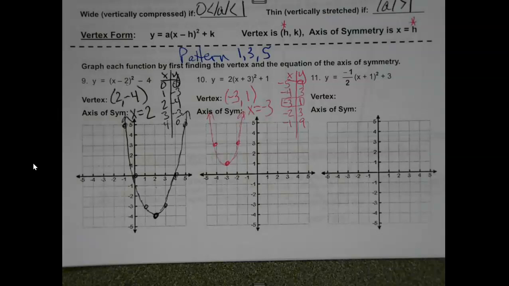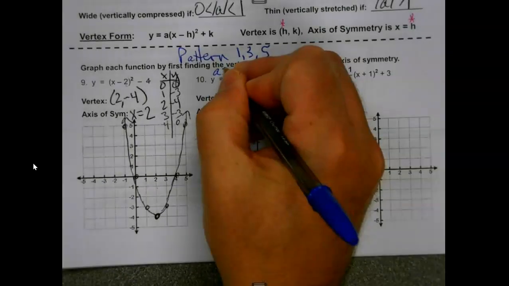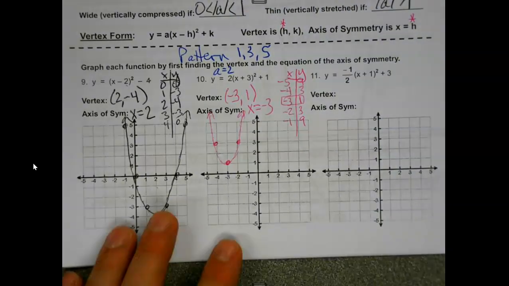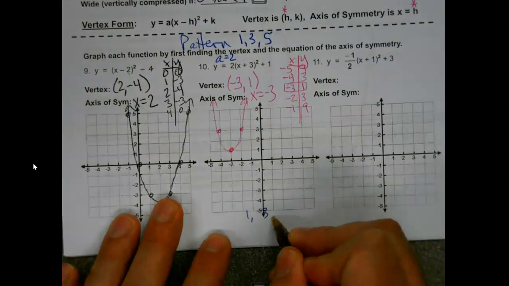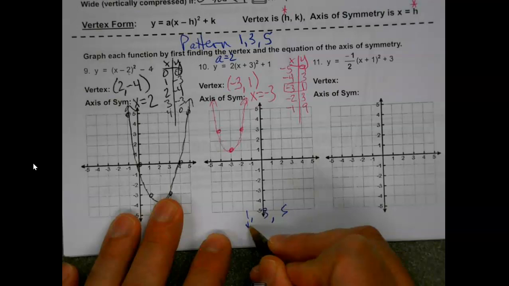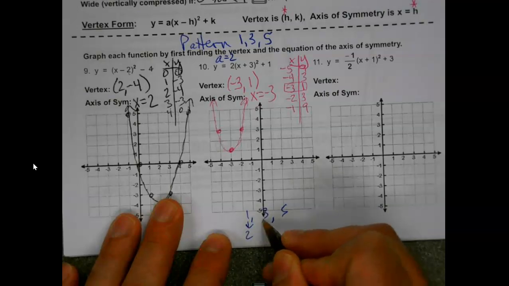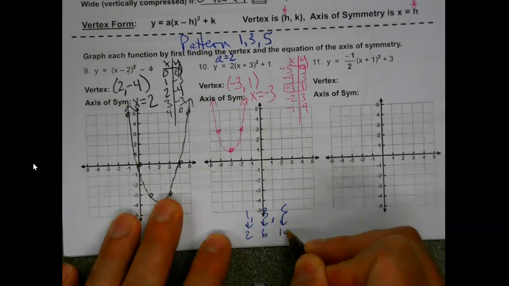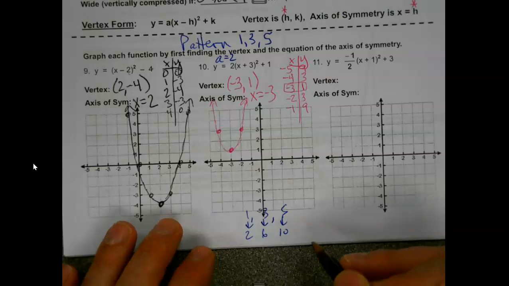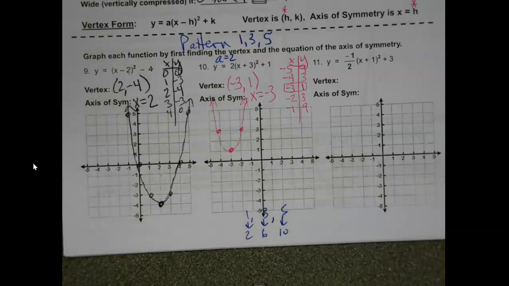If it's not 1, if it's 2, like it is here, here's what I'm going to do. I'm going to take that 1, 3, 5 pattern, and I'm going to multiply all of them by 2, because that's what A tells me to do. So check this out. There's my vertex. How do I get to my first dots? I went up 1, 2, and went out, just like I was supposed to.